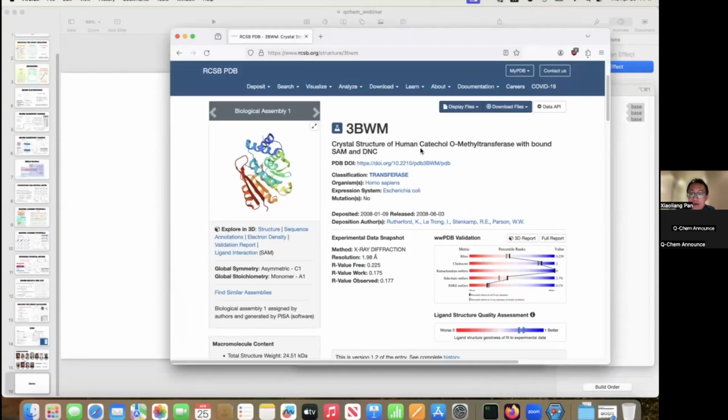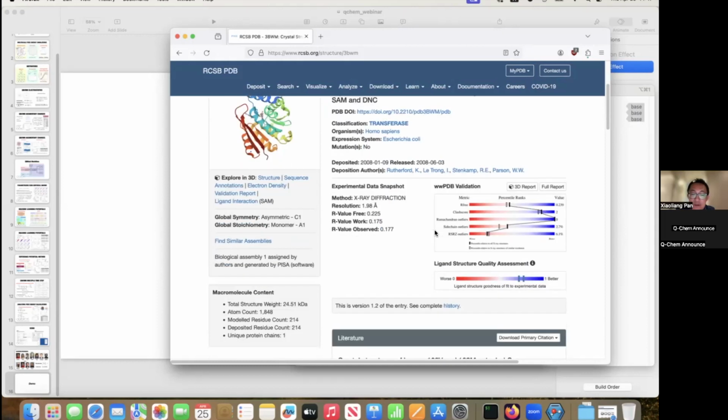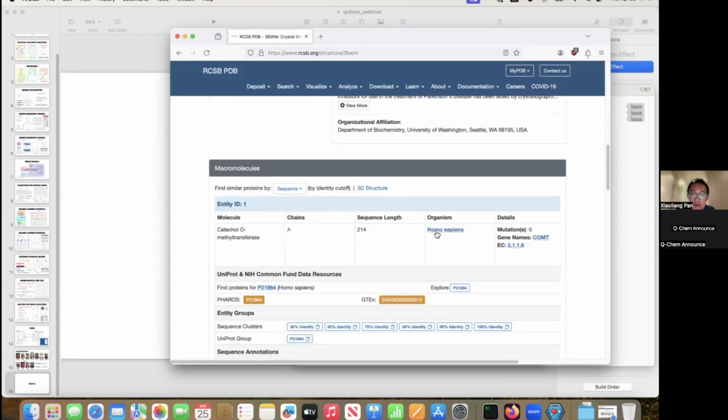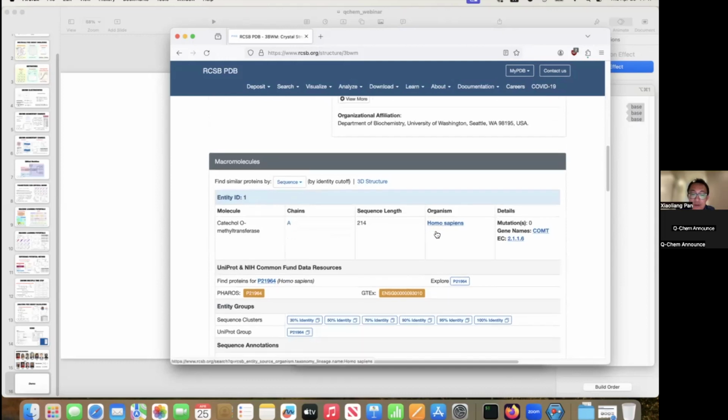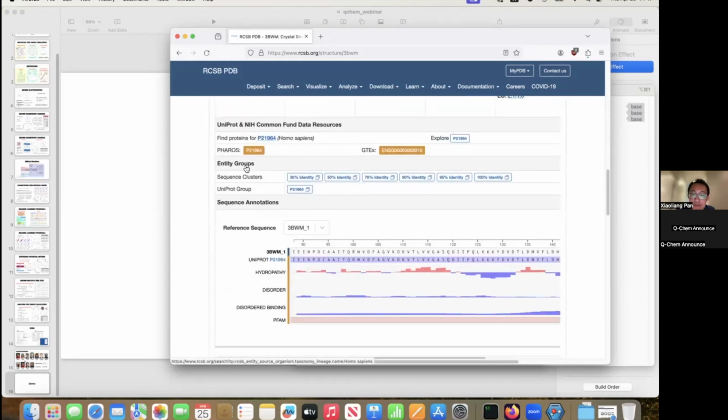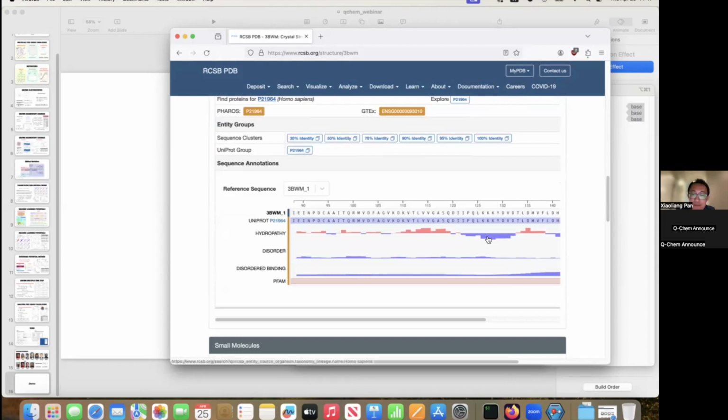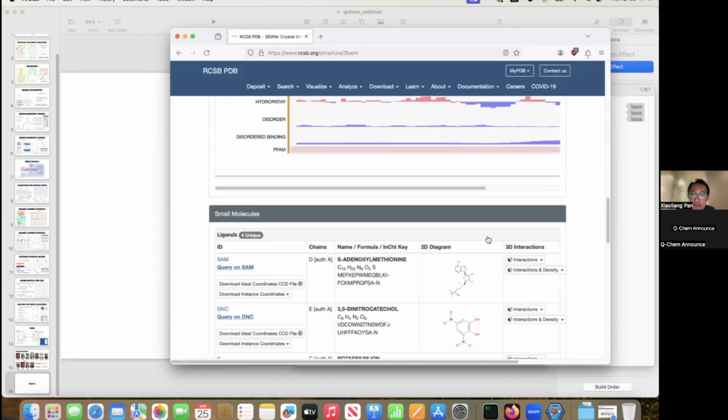I will demo with this particular one, which is an enzyme with a cofactor called SAM, that turns this inhibitor into this substrate. That's all going to be done here. So let me download the PDB. Okay. So I will first load it.